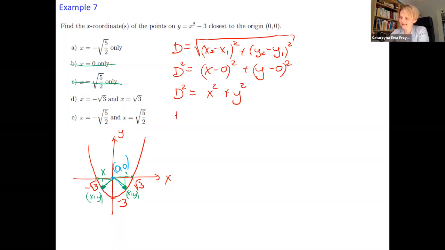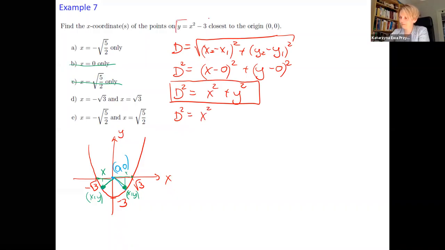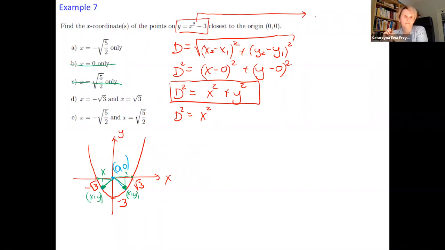Let's rewrite this distance in terms of one variable, because we need one variable. From the formula of the parabola, I can solve for x squared, and it will be y plus 3.